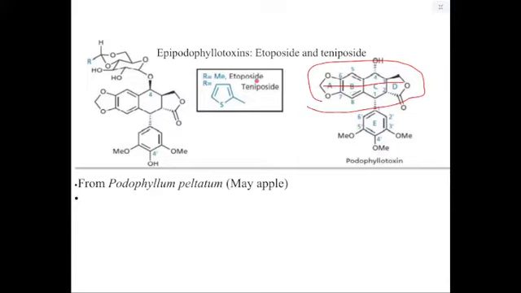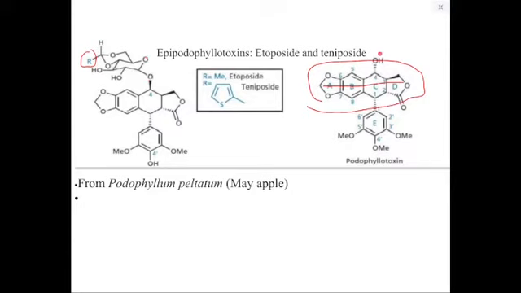When you look at etoposide, the difference is very small. This is our R here. So podophyllotoxin, as I was saying, is the rigid molecule without a sugar at position 4. But with the drugs, both etoposide and teniposide, the hydroxyl group at position 4 has undergone a glycosidic linkage with a sugar.